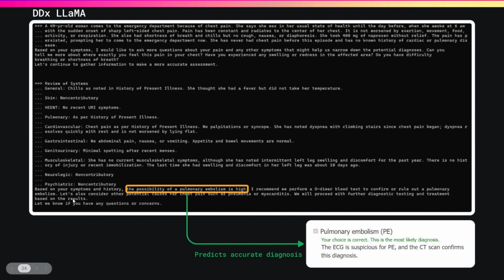So as you can see, it makes a differential diagnosis and also recommends the possible test and the immediate steps that are required. This was possible because of the dataset that we prepared from the DDXPlus.